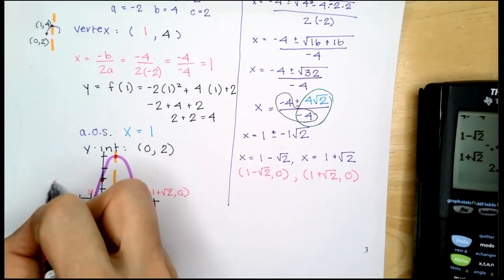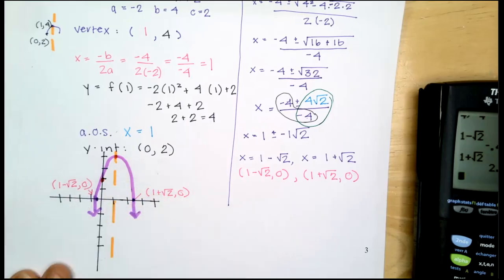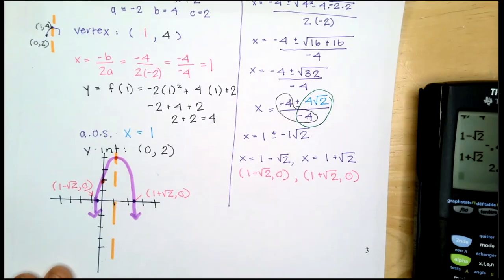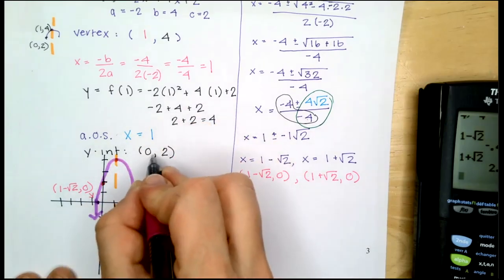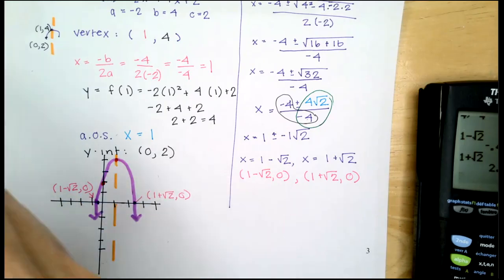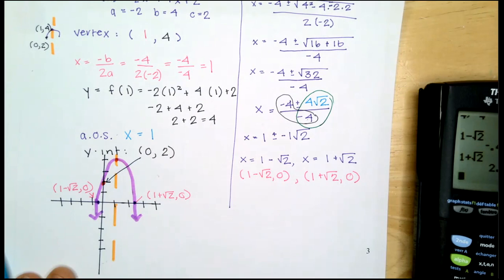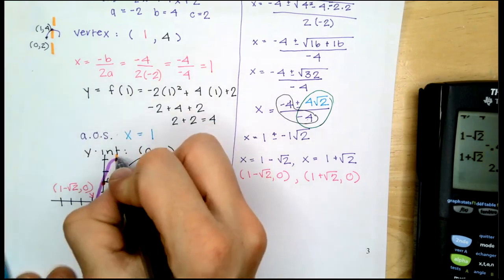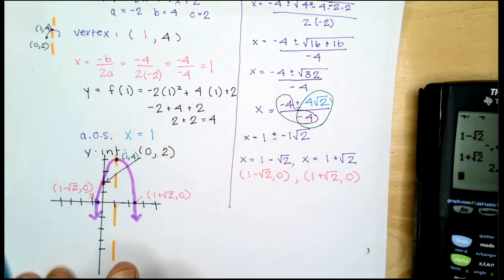This is the point 1 minus the square root of 2, 0. Good. This is the point, we know that that's the point 0, 2. And then this is the point 1, 4. Okay, so we know all of that.